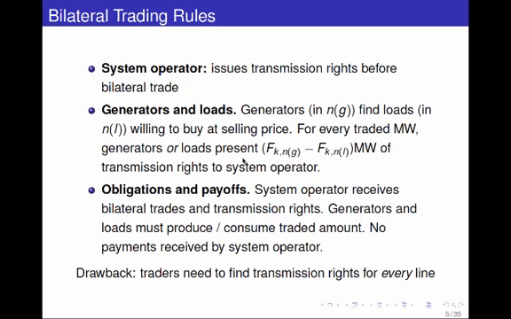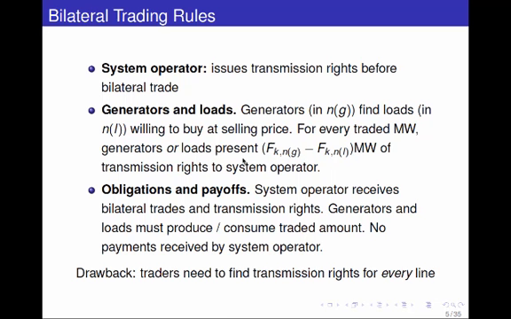The answer to what are the products in our case is there's energy and there's transmission rights. Energy has a price, rho n. Transmission rights have a price, lambda k.